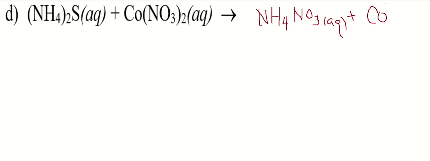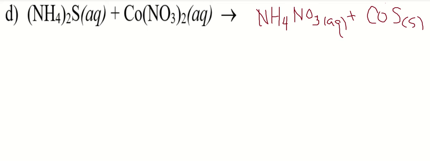So cobalt has a 2 positive charge, and the sulfide anion is going to have a 2 negative charge, and they're going to cancel out. So it's just C, little o, big S. All right, let's balance this.